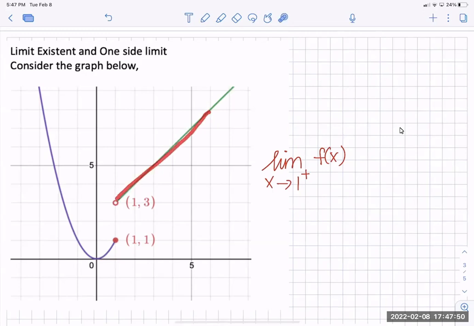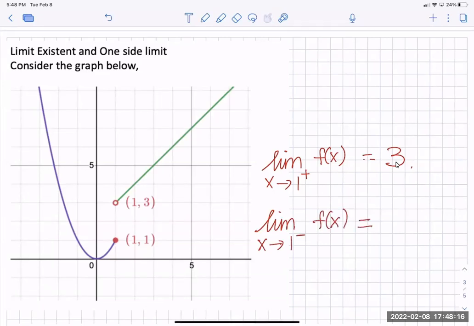And the limit approaching from the right is actually where the y value is 3. So I'm going to say this is 3. The limit as x approaches 1 from the right, the positive sign on top of 1 means approaching from the right, is equal to 3. And what is the limit as x approaches from the left of f of x? It's going to be from here, from the left to this point.